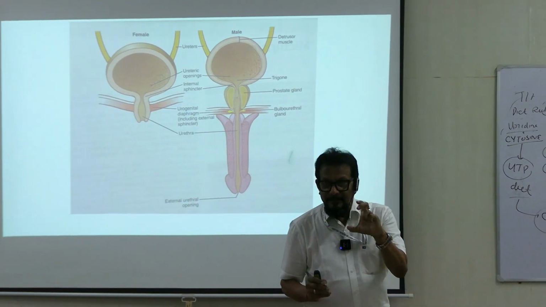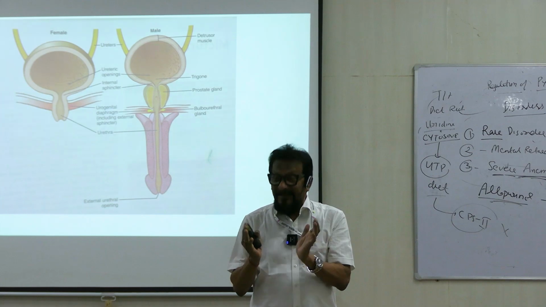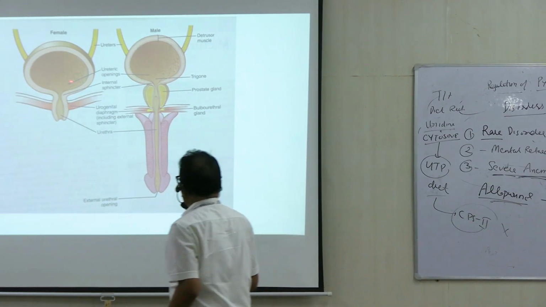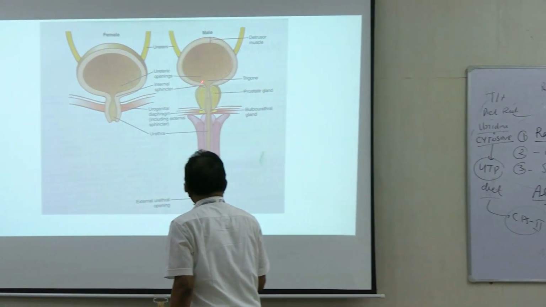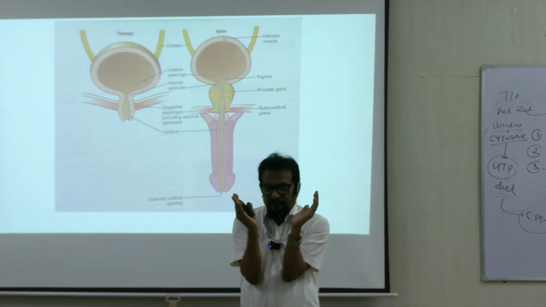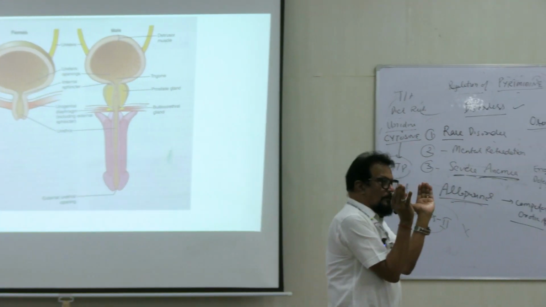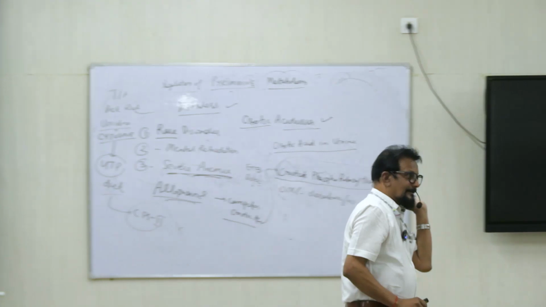One is the body, another part is the neck. This part is the neck region. This funnel-shaped part of the urinary bladder is the neck.